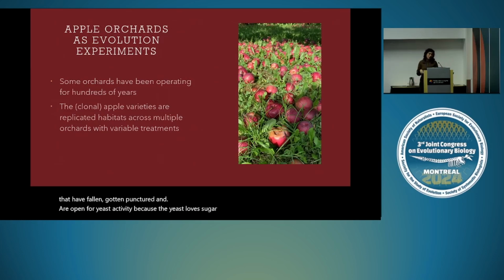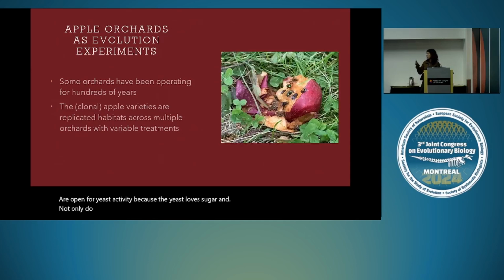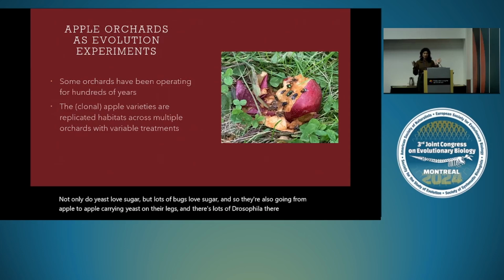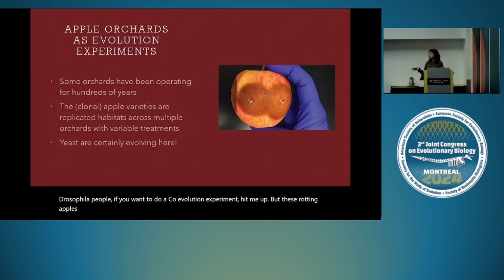And not only do the yeast love sugar, but lots of bugs love sugar, and so they're also going from apple to apple, carrying yeast on their legs, and there's lots of Drosophila there, so any Drosophila people, if you want to do a coevolution experiment, hit me up. But these rotting apples are almost certainly sources of yeast evolution activity.